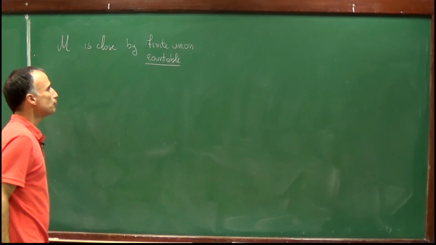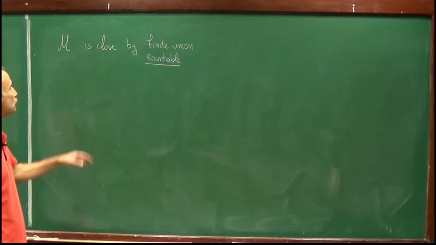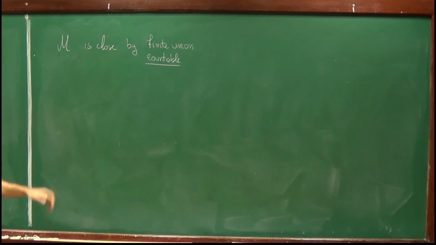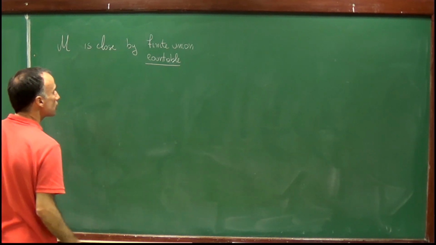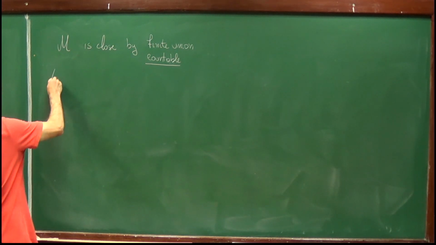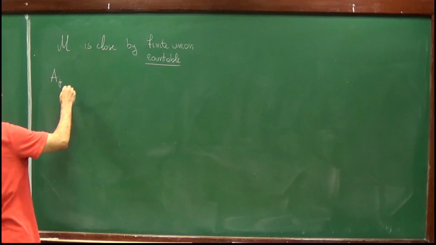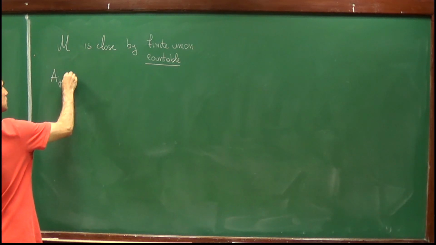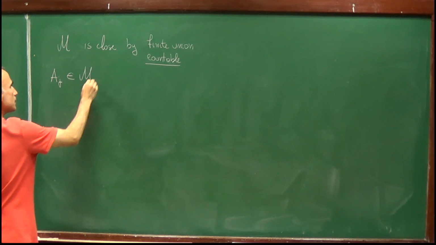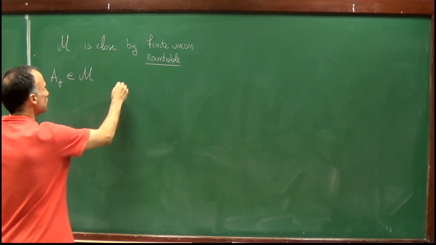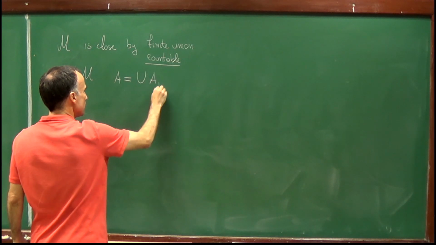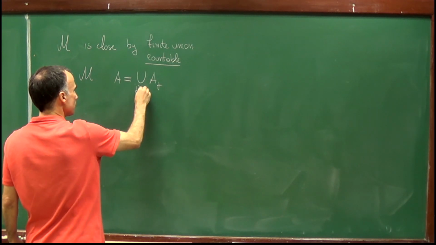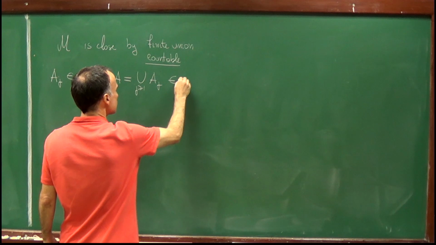And by proving that, we conclude the proof that M is a sigma algebra. So in order to prove that it's closed by countable union, assume that we have a family A_j in the set M, and we want to show that A, which is the union of A_j for j greater or equal than 1, belongs to M.